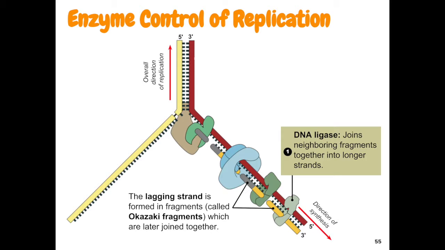This replication is happening in the lagging strand at the same time that it's happening in the leading strand. But the lagging strand is going to always be a little bit behind the leading strand because of the need to move in the opposite direction, in the 5' 3' direction. And that didn't happen in the leading strand.